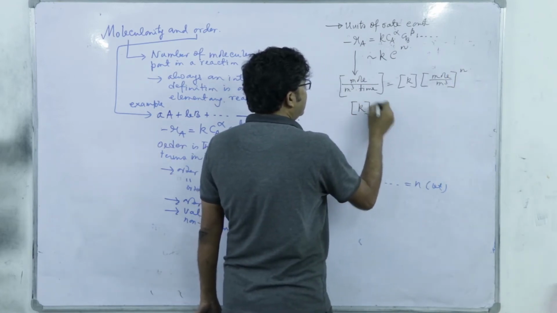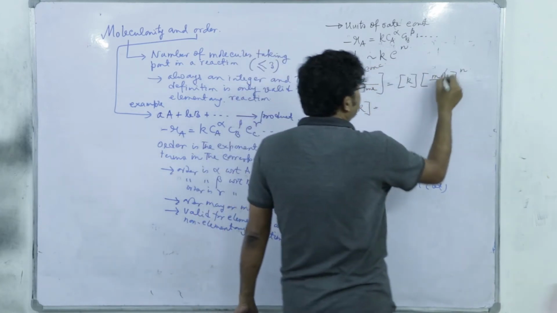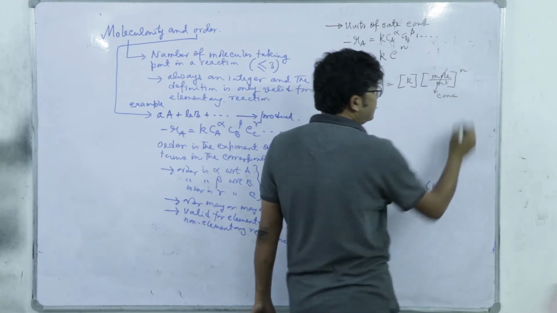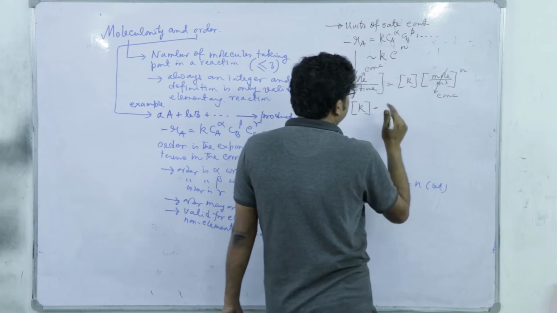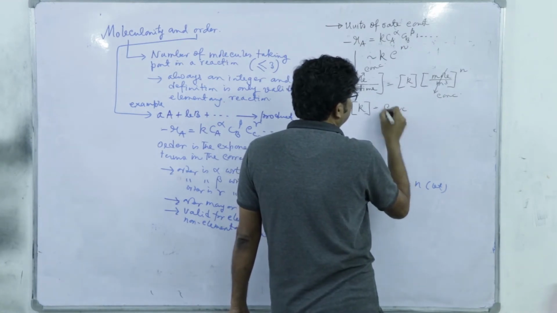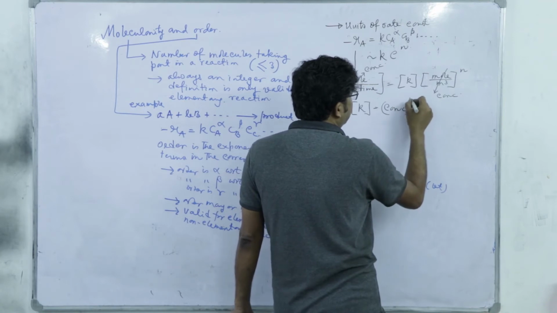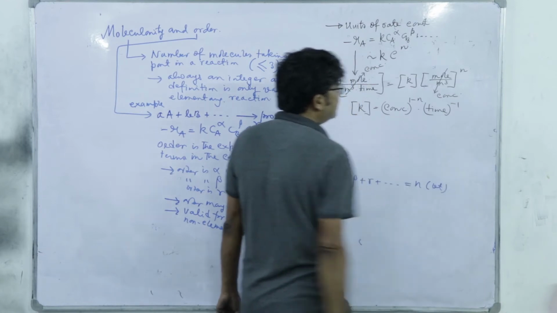So, k, this C is concentration term and this is also concentration. Concentration we can also write differently. So, unit or dimension of k is concentration to the power 1 minus n into time inverse.